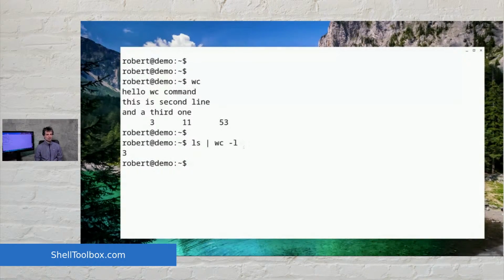Okay, what does this command line do? First, I tell the wc command, please only count the lines. -l stands for lines. If I want to count the characters, for instance, I would simply call wc with -c, count the characters.